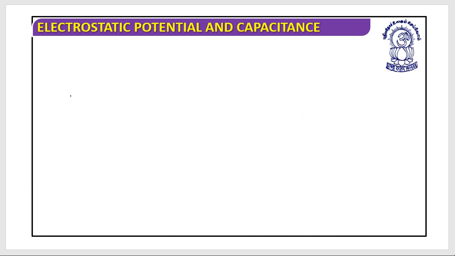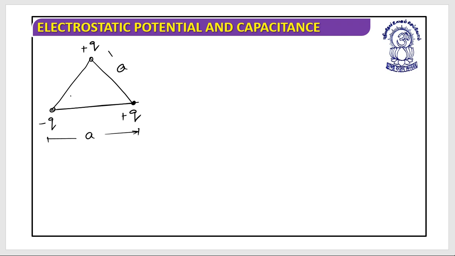The next question is, let's say this is a triangle, sorry, an equilateral triangle. This charge is plus q, this charge is minus q, this charge is again plus q, and their separation is a, the separation is a, and this separation is also a.